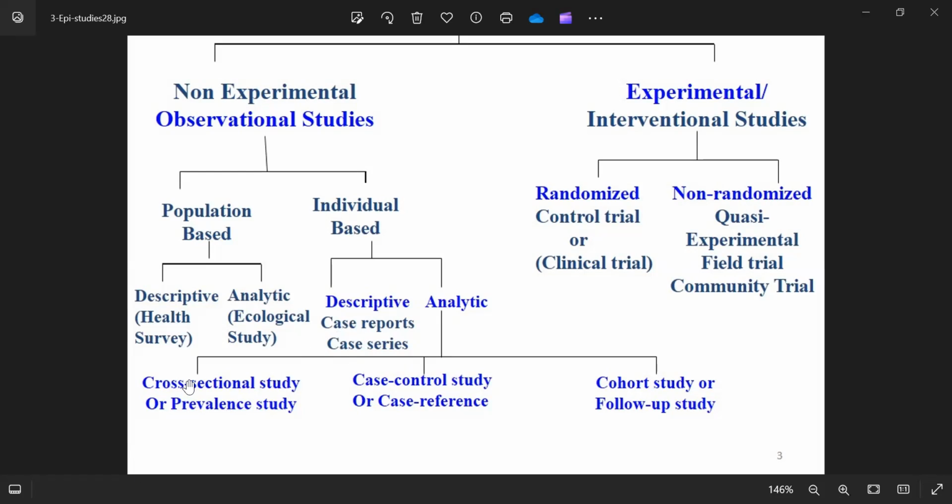Then this cross-sectional study design is of two: the one that is under descriptive and the one that is under analytical. But the one we are talking about now is under analytical, because this cross-sectional design will also analyze two sets of variables.